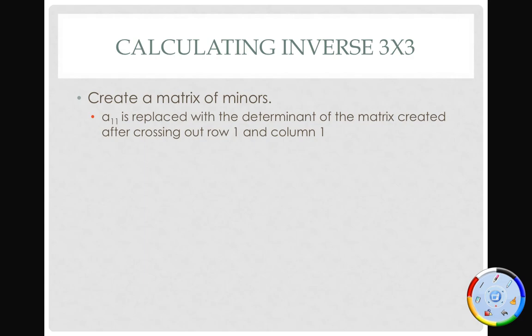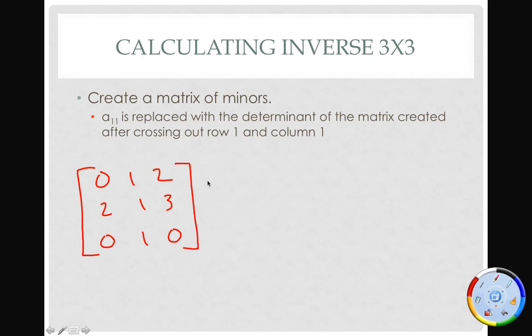What we do is we take the 3 by 3 matrix. Let's take a 3 by 3 matrix: 1 0 1, 2 2 1, 3 0 1, 0. Make the numbers small so we can do it quicker. So what we have to do is make this matrix of minors.